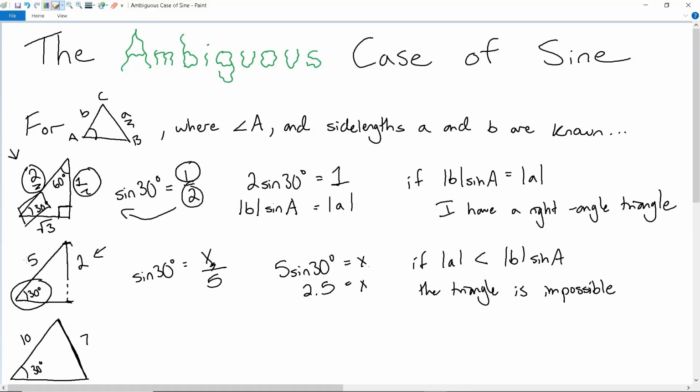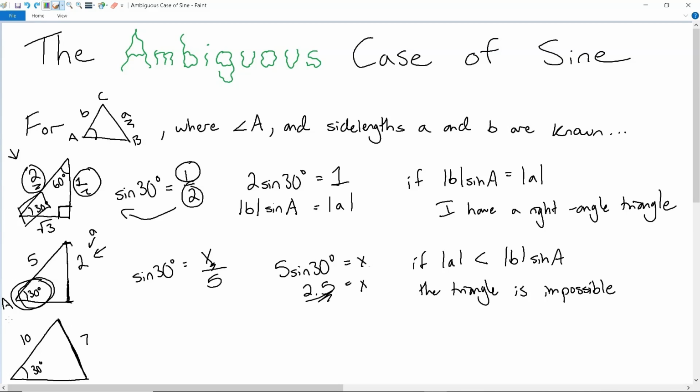Because if I wanted to make a triangle where I have the A angle of 30 degrees, I can't have the a side length be 2, because it has to be 2.5. Otherwise, I can't technically close off this triangle completely and form this angle down here.